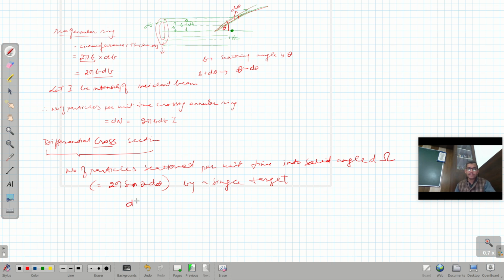And this is again represented by dn, and it is I sigma theta d omega, where sigma theta is the differential cross section. So it is minus I sigma theta, and d omega is 2 pi sine theta d theta.